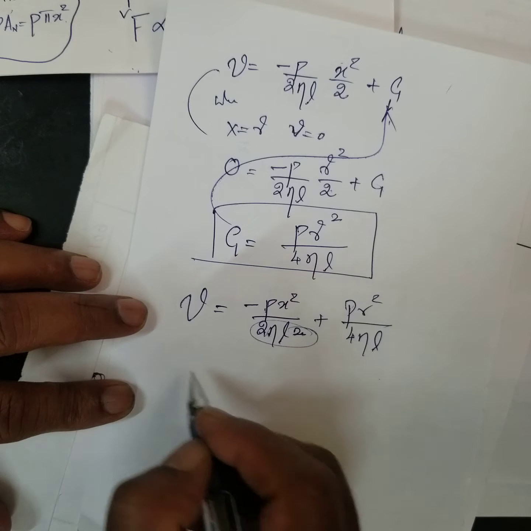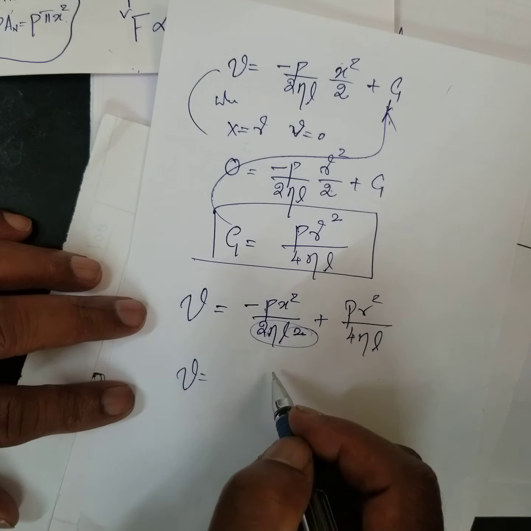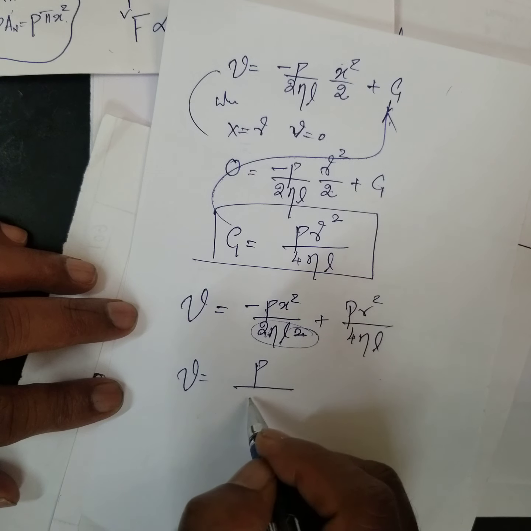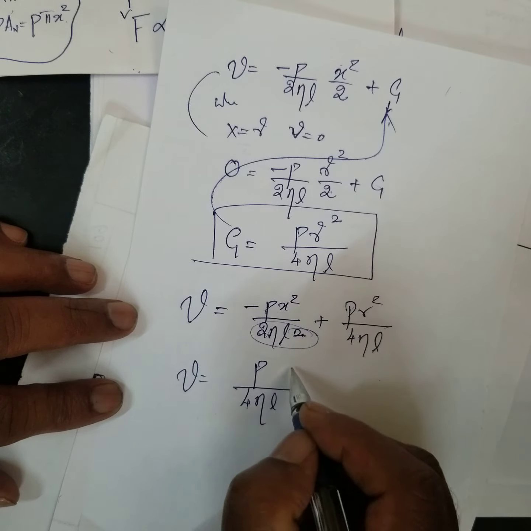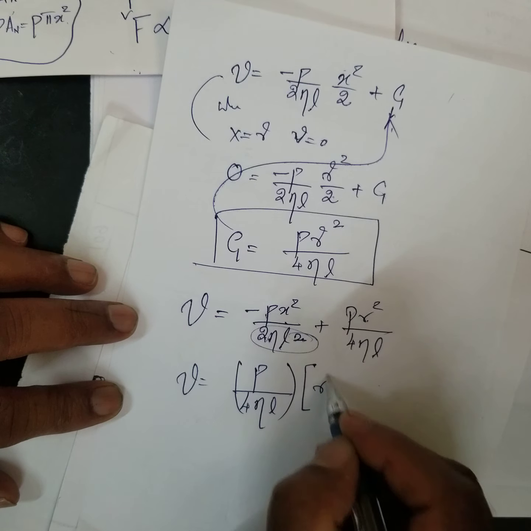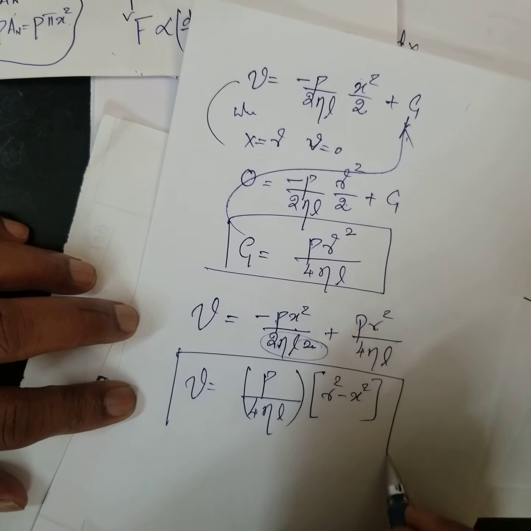P is also constant. V is equal to P by 4 eta L, I am taking it out, then r square minus x square. This is the final expression.